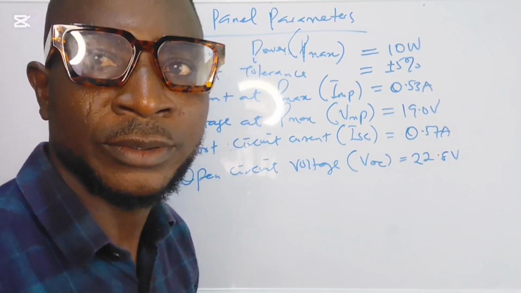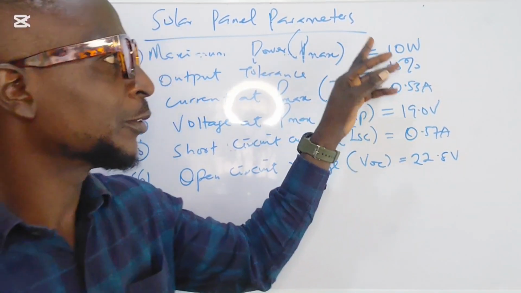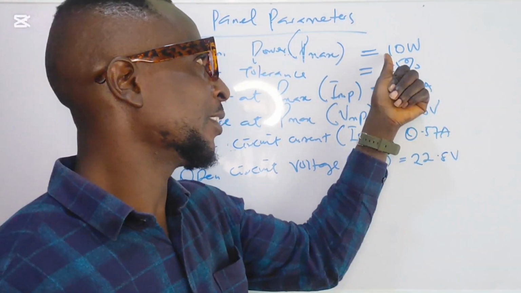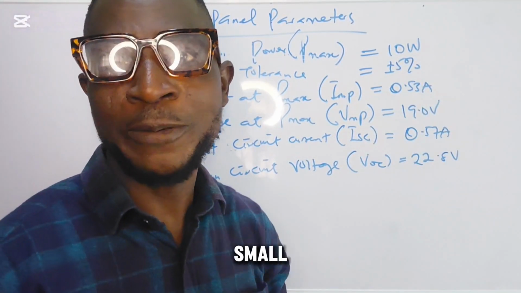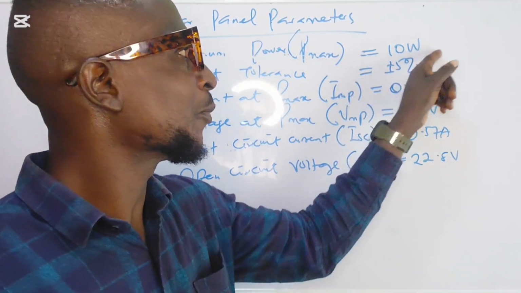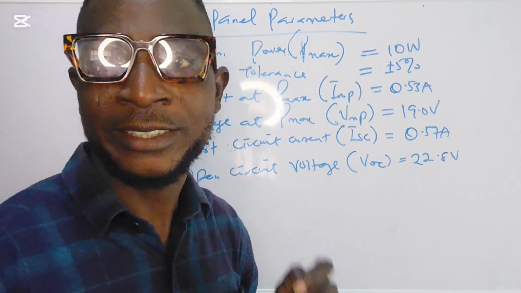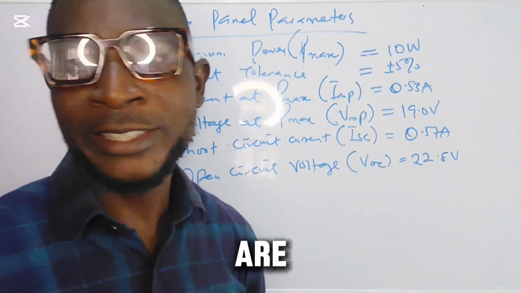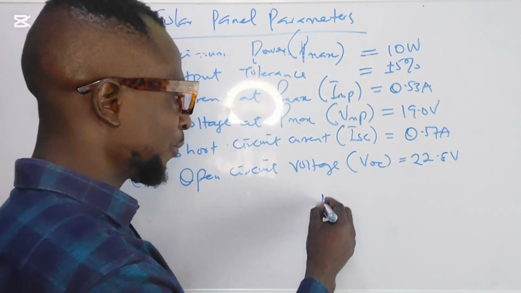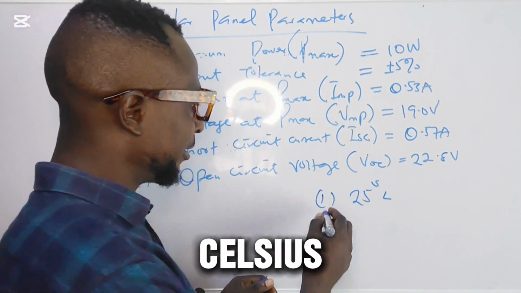The first one is the maximum power. On the panel, it is 10 watts. It's a very small panel. So what does it mean? This is the maximum power we can get out of this panel at standard test conditions. So what are these conditions? 1, the temperature should be 25 degrees Celsius.